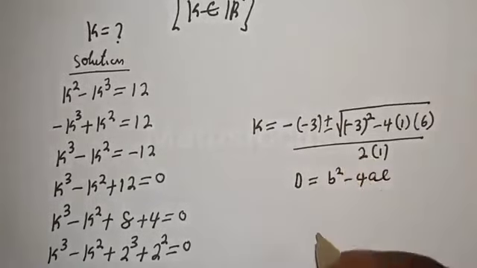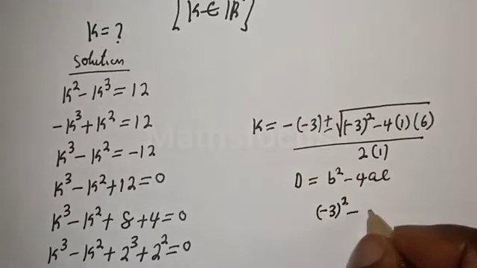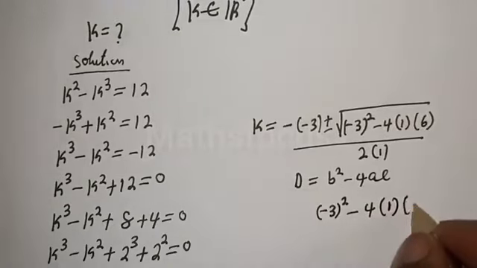Then b is minus 3 square minus 4 multiplied by a is 1 and c is 6.